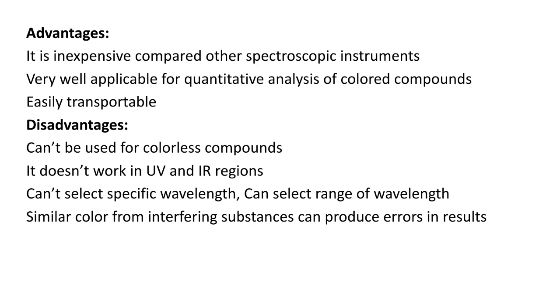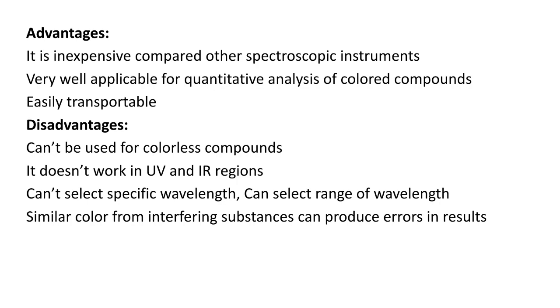The disadvantages of this colorimeter are that it cannot be used for colorless compounds. So remember, only colored compounds can be analyzed in the colorimeter, and it does not work in the UV and infrared regions.